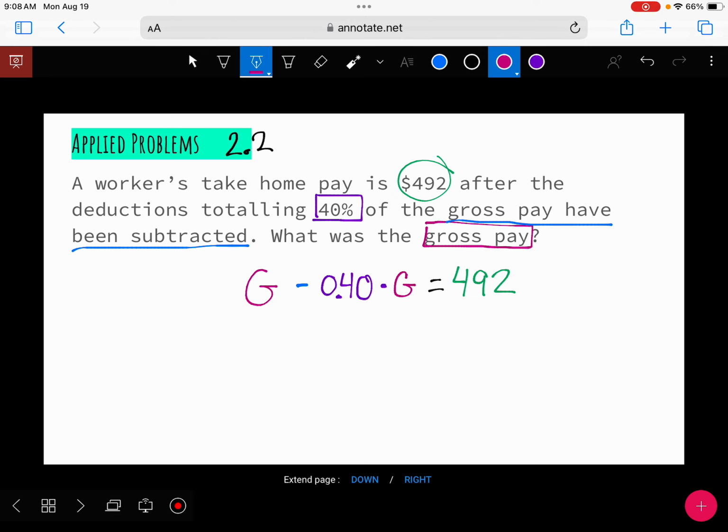So again, it's a lot of that reading. The hardest part of these is putting together the equations. Because what can I do here to simplify this?